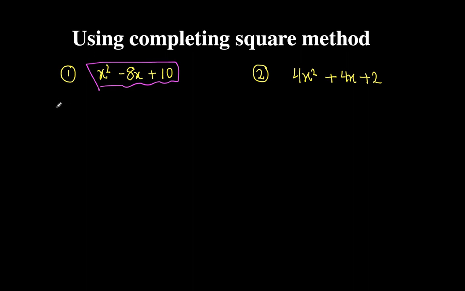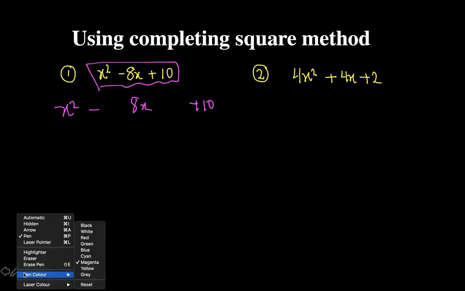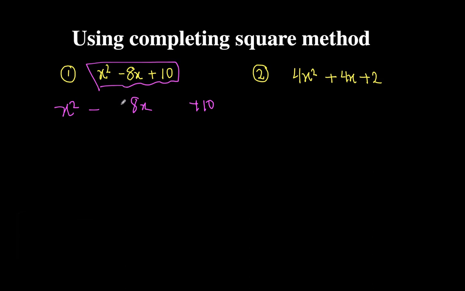So what I'm going to do here, I can write it like this: x square minus 8x plus 10. It's the same thing. Now the coefficient is 1, so I will divide and multiply it by 2, and then I will add the square of this.